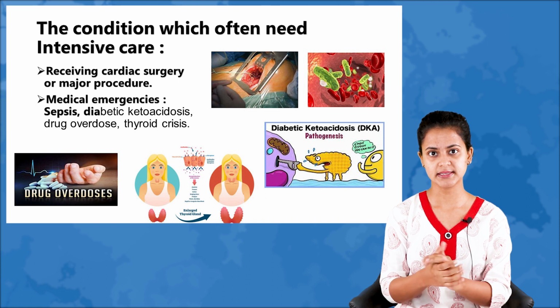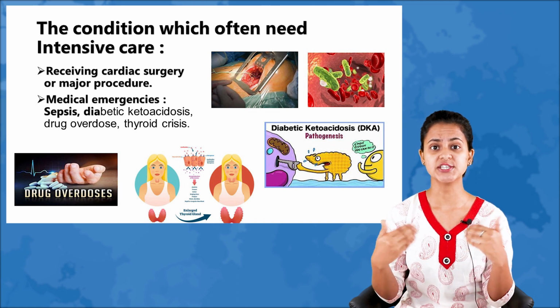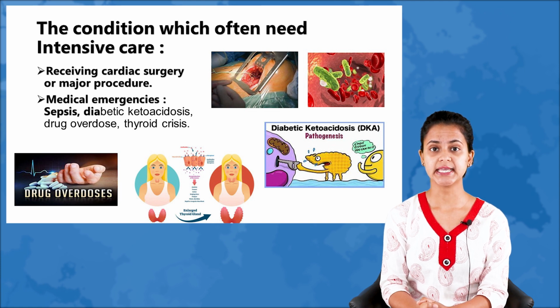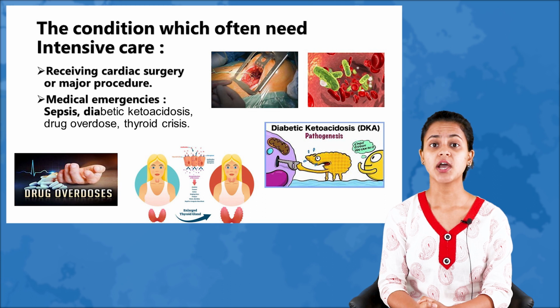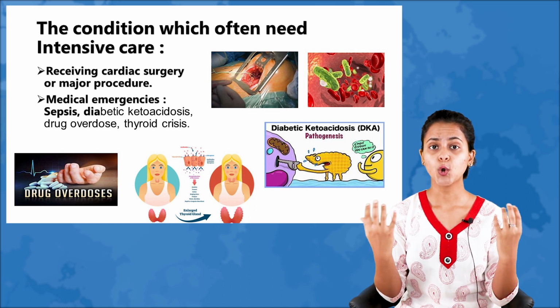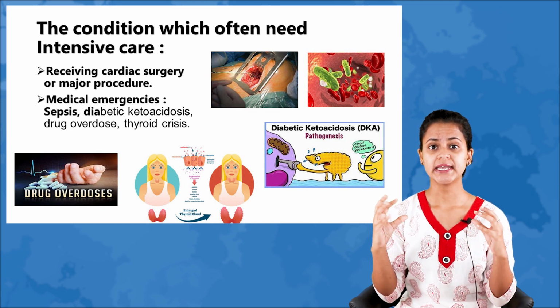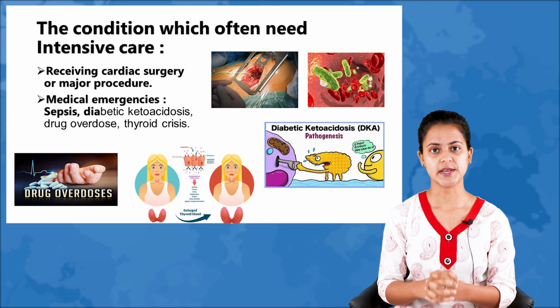That is the reason they need to get admitted to the ICU. Medical emergencies like acute sepsis, diabetic ketoacidosis, drug overdose, even thyroid crisis often require the client to be transferred into the intensive care unit for specialized care.